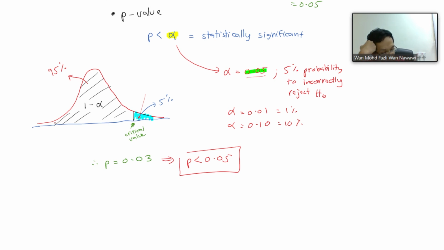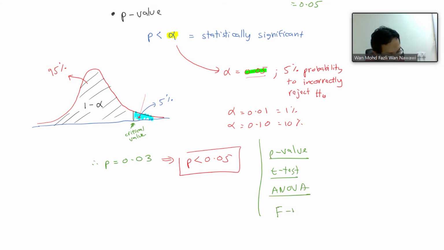So the P value is basically only one way of testing, to give objectivity to the statistical analysis. But you also have things like t-test, ANOVA, F value, and so on.